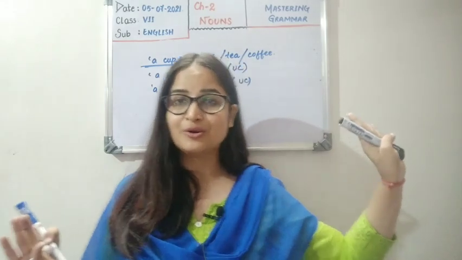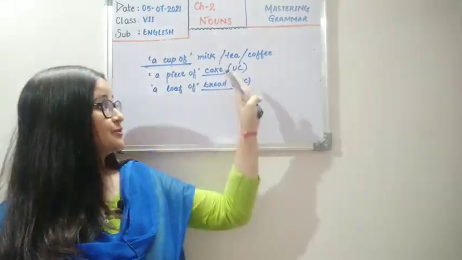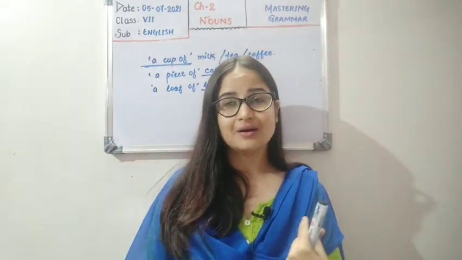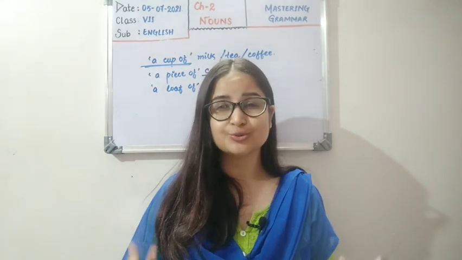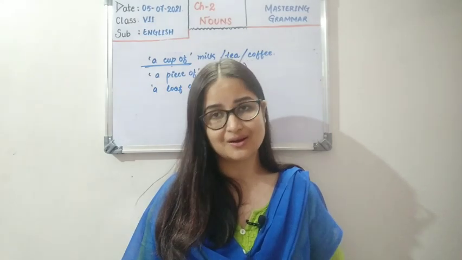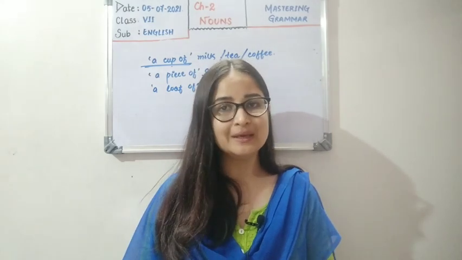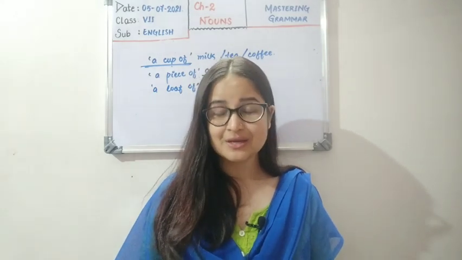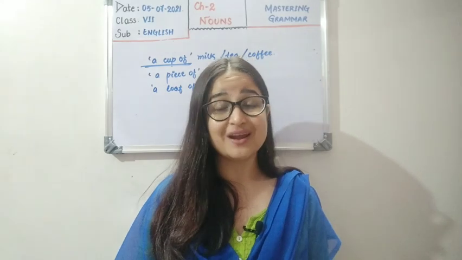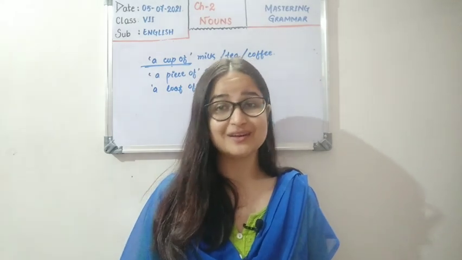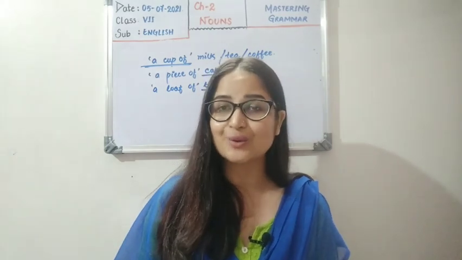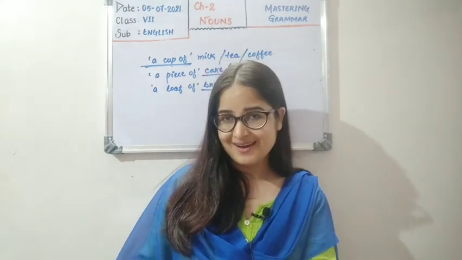I told you about rice, sugar, bread, cake. Sugar, jute, cotton, these are all uncountable nouns. They cannot be counted. Material nouns are always uncountable nouns. So if you can identify the kinds of noun, then it will be very easy for you to identify whether the noun is countable or uncountable.